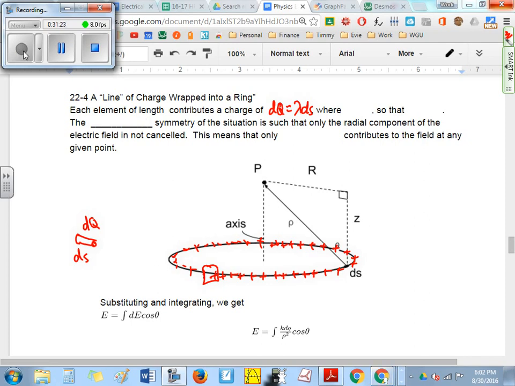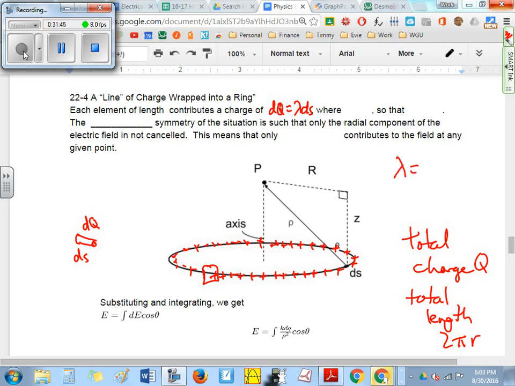Okay, now what is lambda though? Lambda is the ratio. So it turns out we actually know lambda. This entire ring has a total charge q, and it has a total length going around of 2 pi r, right? Because it's a circumference.